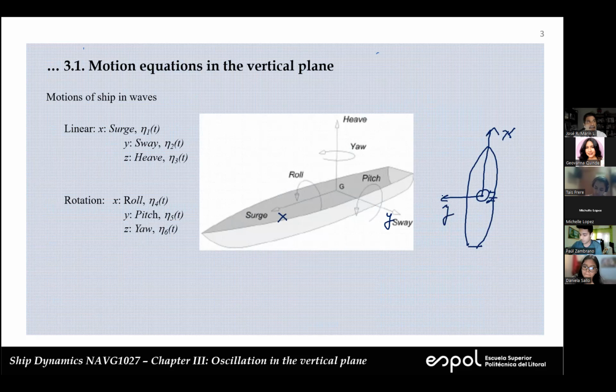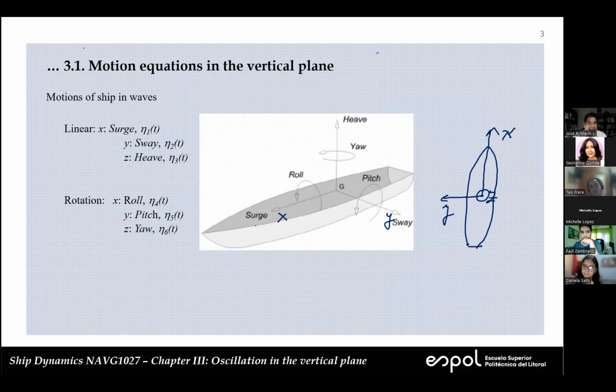So this is port. You have to be careful because if you specify a positive rotation with respect to the y-axis, positive rotation, that means that the forward end enters into the water, okay? We have to be careful because every author in every computer program can use a different reference system, okay?